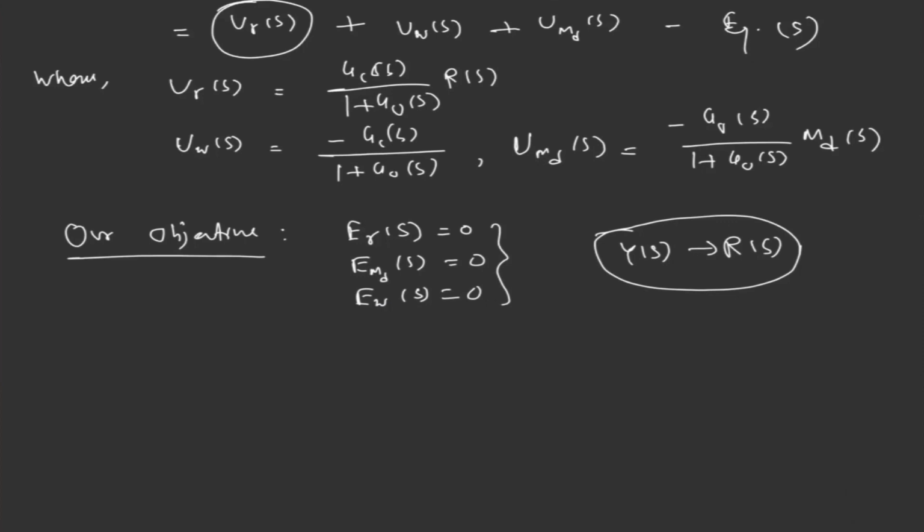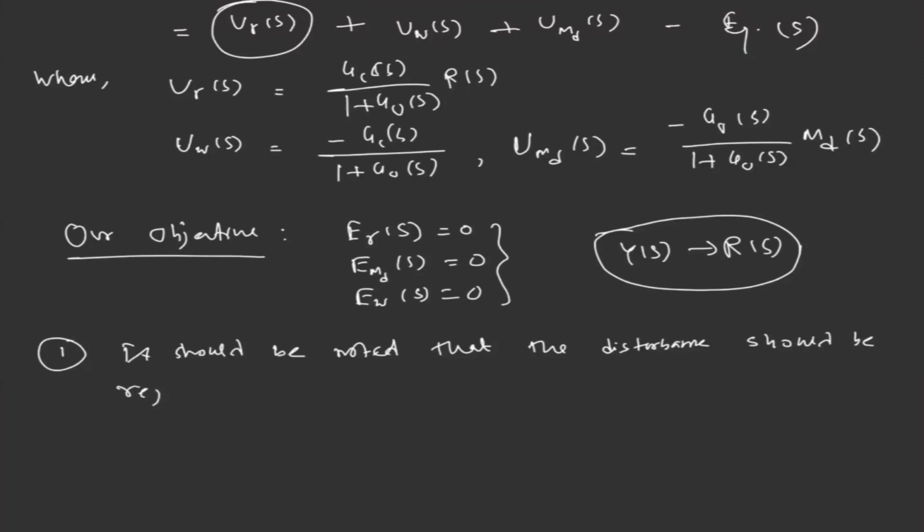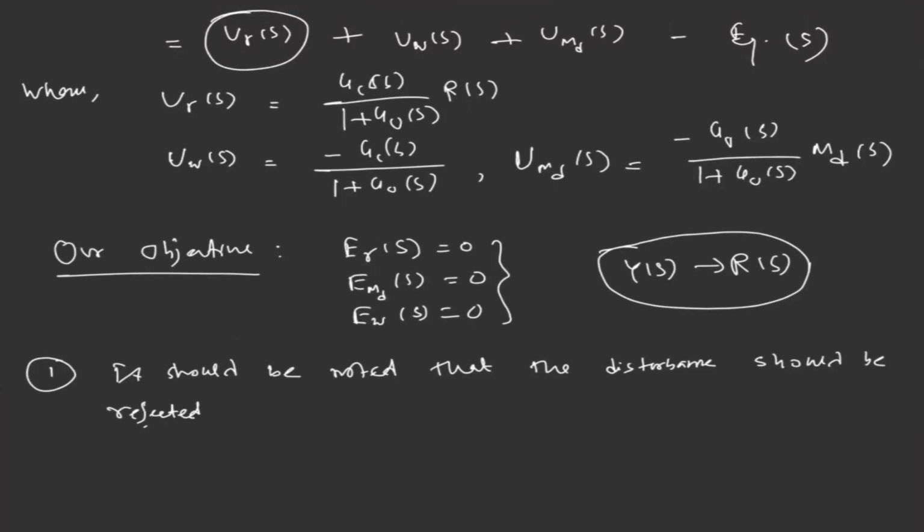If you would like to get close to this condition, it should be noted that the first point, which is very important while designing the control algorithm in the frequency domain, is that the disturbance should be rejected, having relatively slow variation with time.